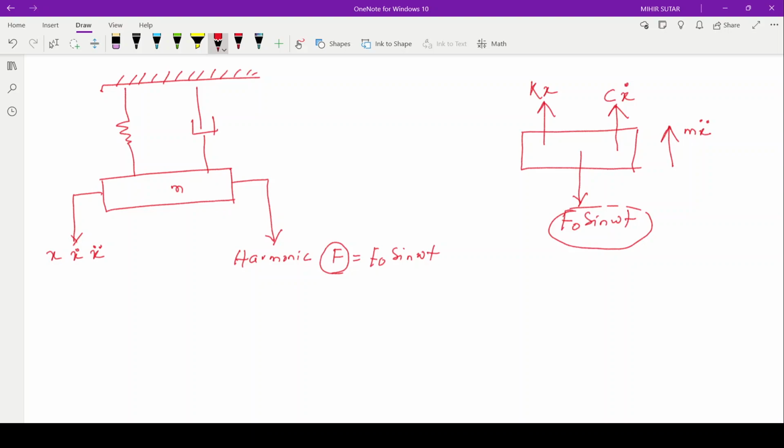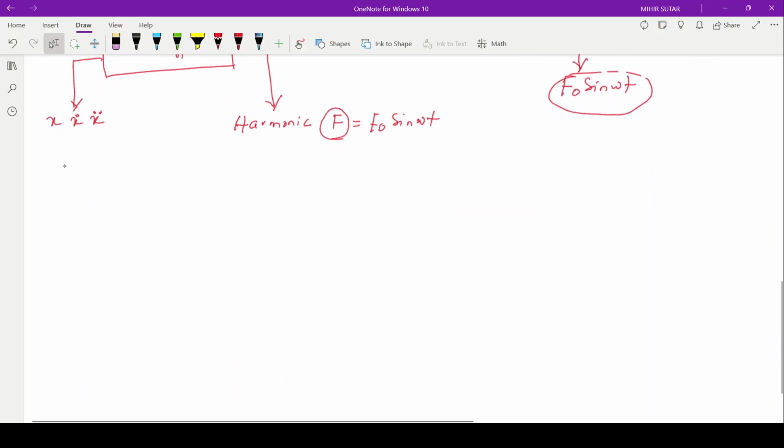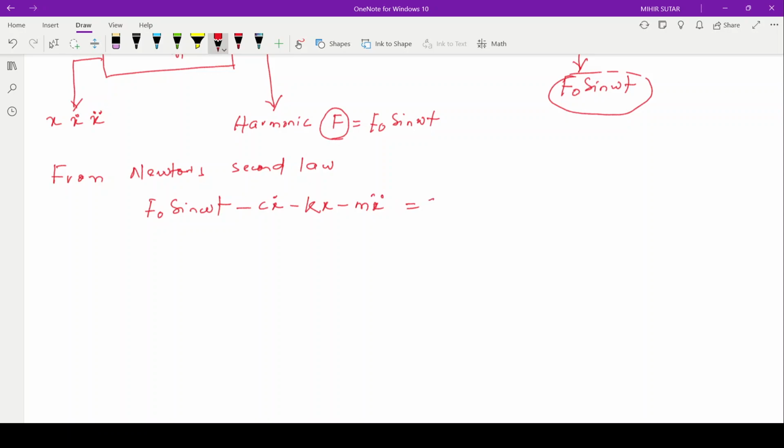Now from Newton's second law, we have F0 sin omega t minus cx dot minus kx minus mx double dot is equal to 0.